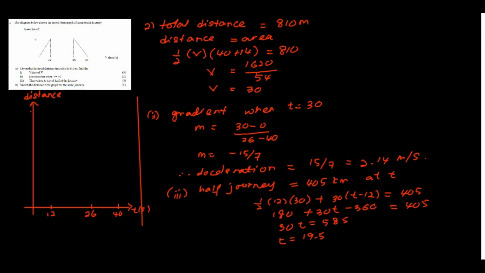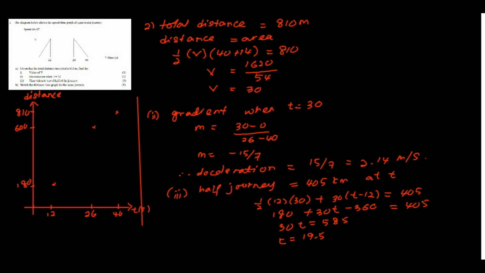The total distance should be 810. For the first 12 seconds, the distance travelled is 180, and after 26 seconds, the distance is 600. Find the distance using the area under the graph. So we plot 26, 600, and this is 40.